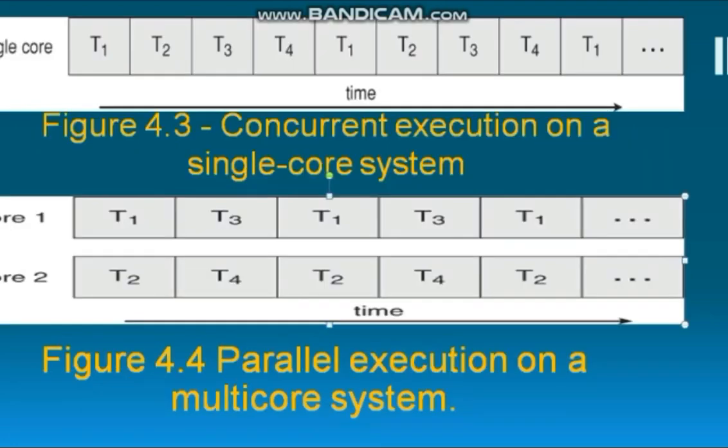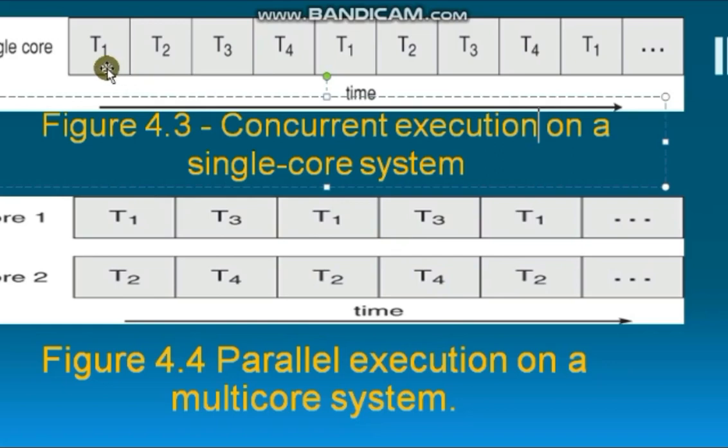So this is multi-core programming: concurrent execution on a single core system, or parallel execution on a multi-core system. On a single computing core system, it means the execution of the threads will be interleaved over time.